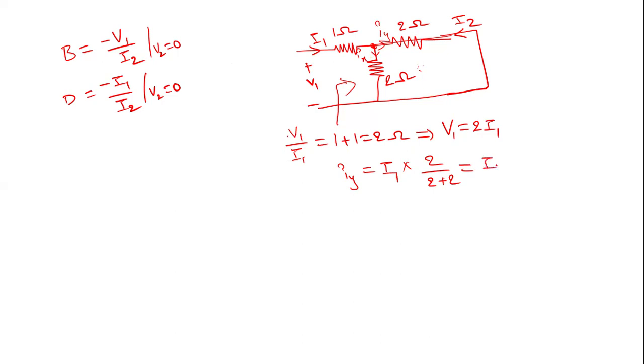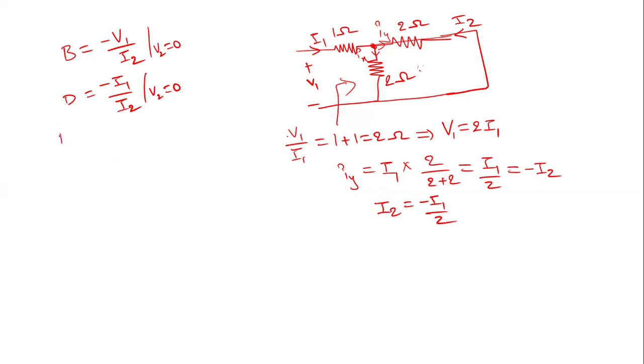So this is I1 by 2. Here Iy equals minus I2, because these two are in opposite directions; magnitude wise, they are the same. So the relation between I1 and I2 is I2 equals minus I1 by 2.